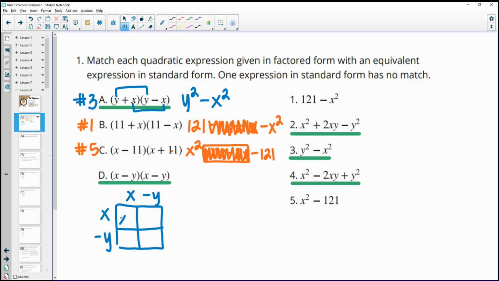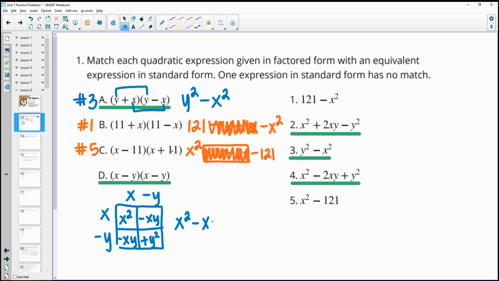Then you would do x times x for this first box and get x squared. We'd have x times negative y, so we get negative xy for that one. X times negative y, again, is negative xy. And then a negative y times a negative y. The negative times negative is positive, and y times y is y squared.